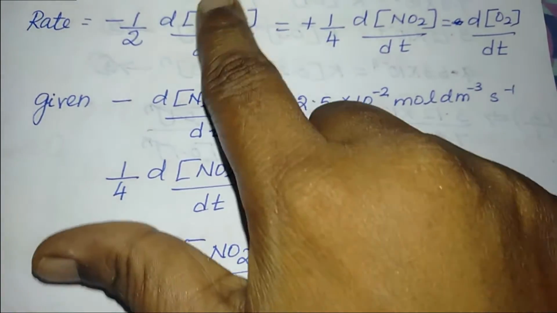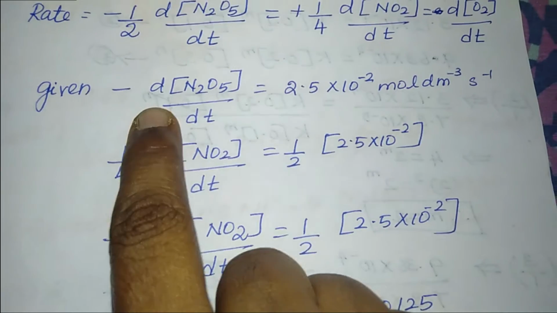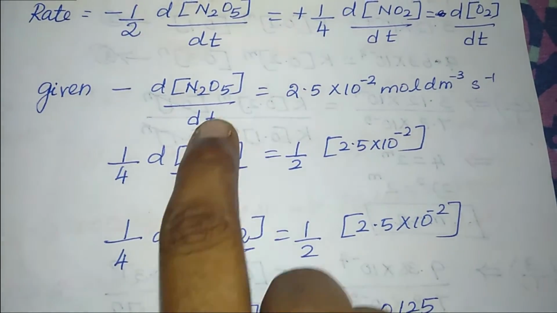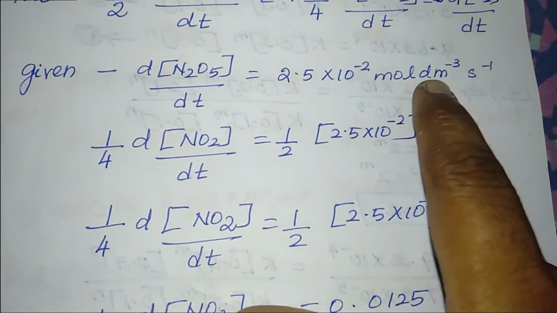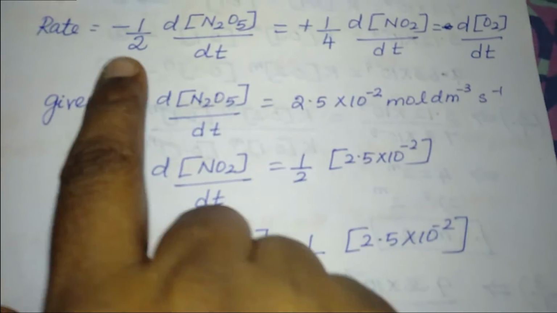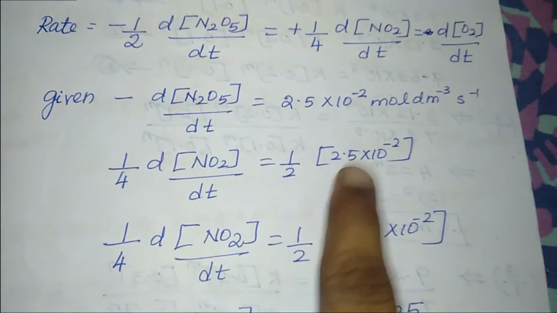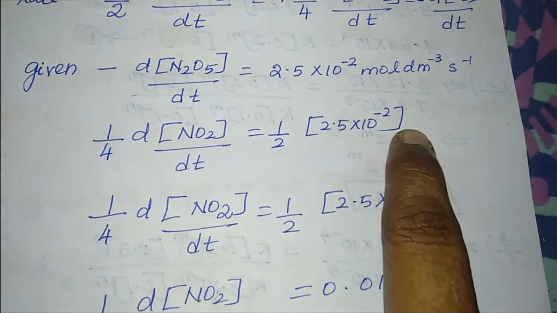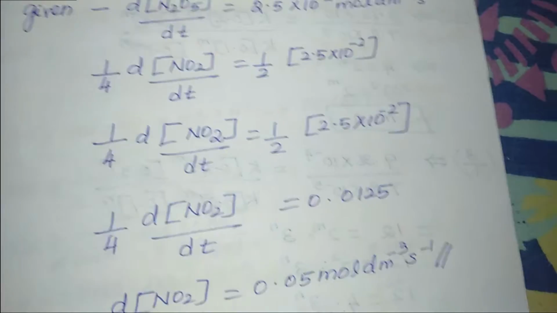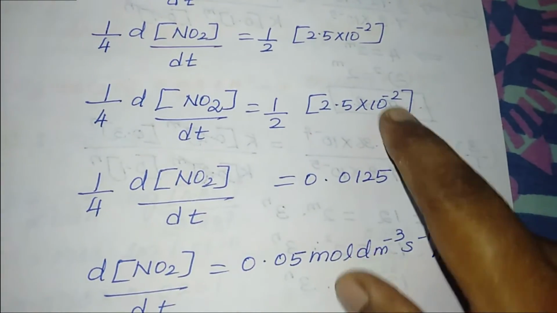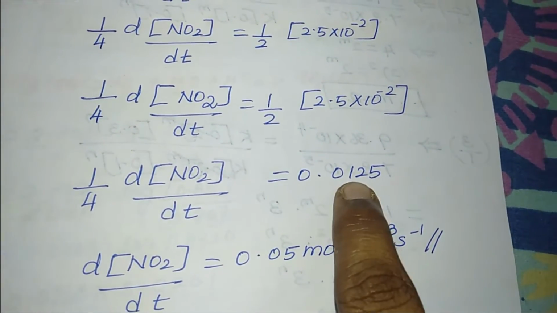So what they have given in the question? So this d N2O5 divided by dt is what? 2.5. So I am taking this half. Instead of this, I am just writing 2.5 into 10 to the power minus 2. Okay, so when you divide this, you will get 0.0125.